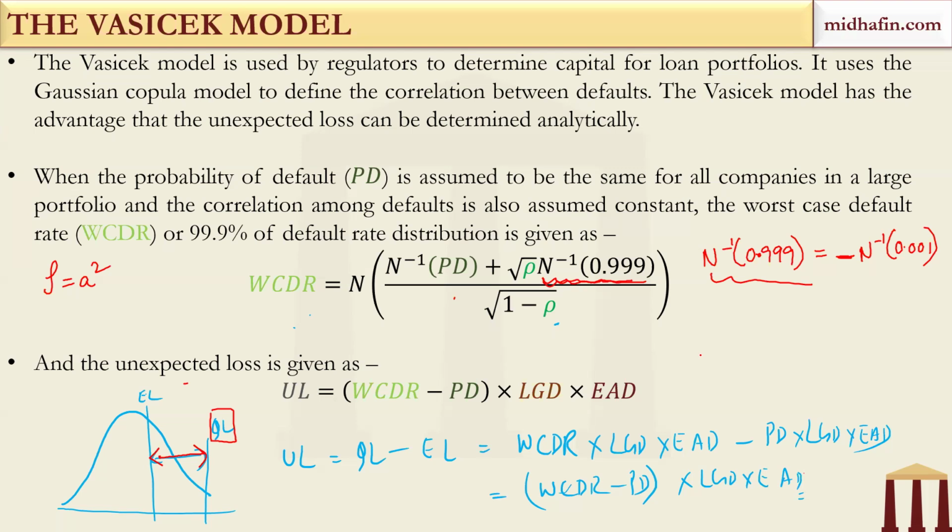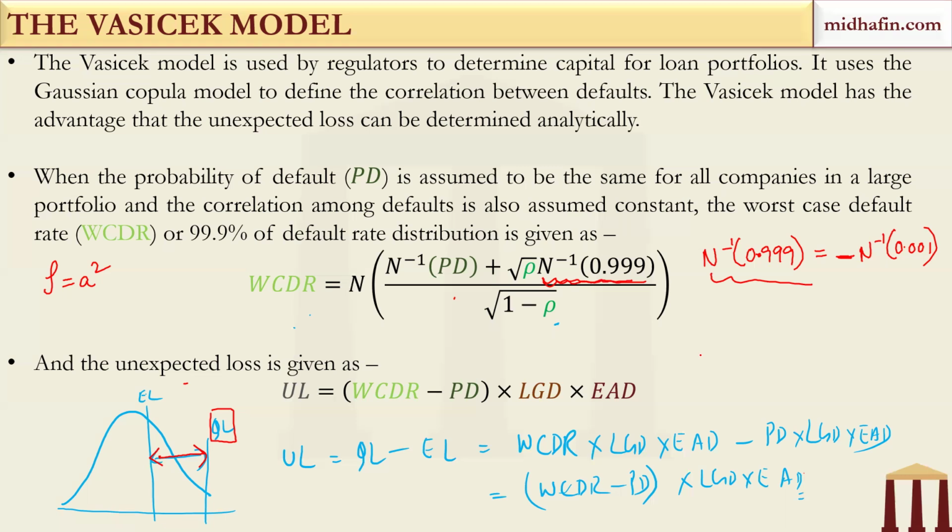Okay. Now, I'll just tell you an irony, a contradiction over here based on this diagram. See, this diagram is being represented in such a way that it conveys a message that EL as well as WCDR, that QL, they are actually being calculated from the same distribution.